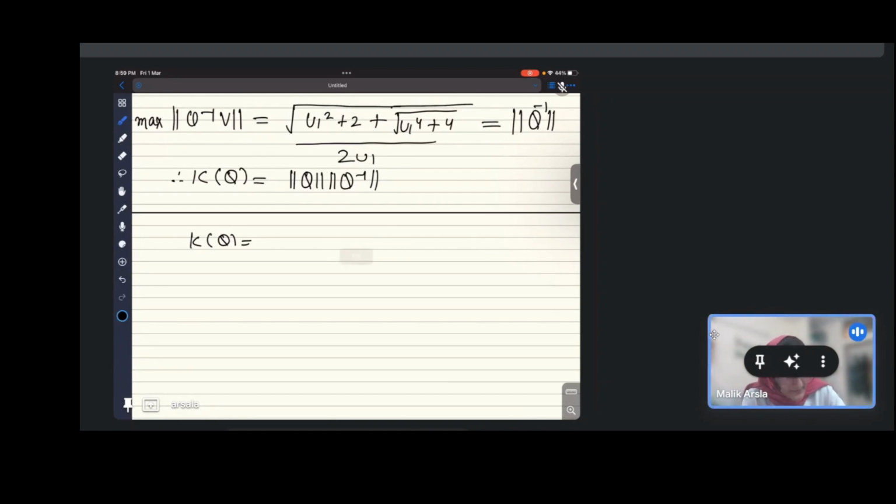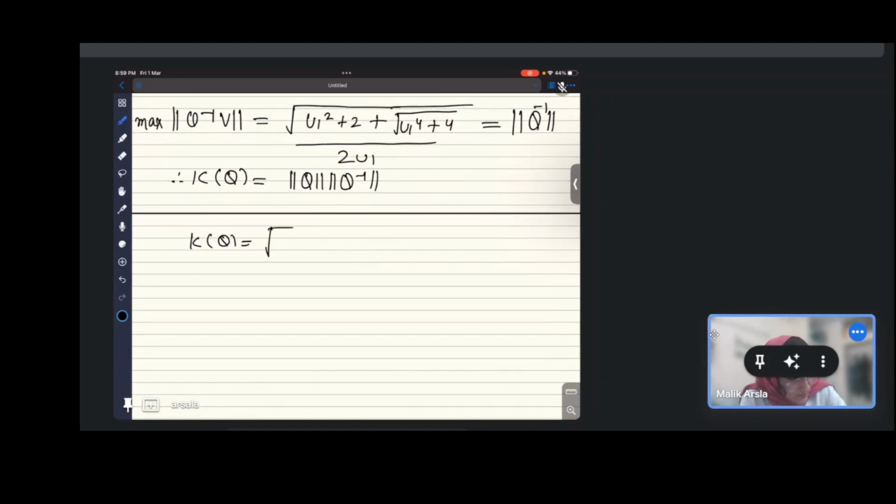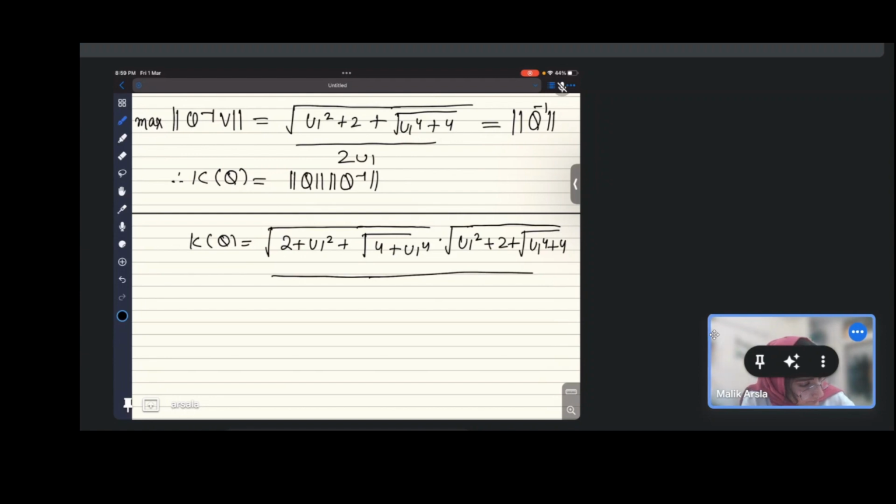You have to multiply these two things: under root of 2 plus u1 square plus under root of 4 plus u1 to the power 4, multiplied with u1 square plus 2 plus under root of u1 to the power 4 plus 4, whole divided by 2u1.